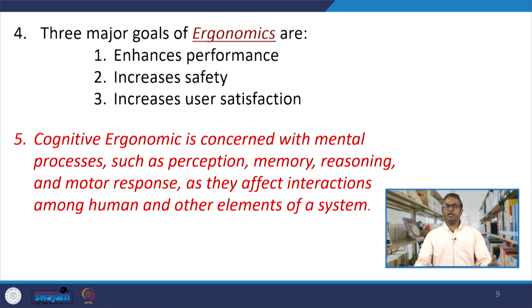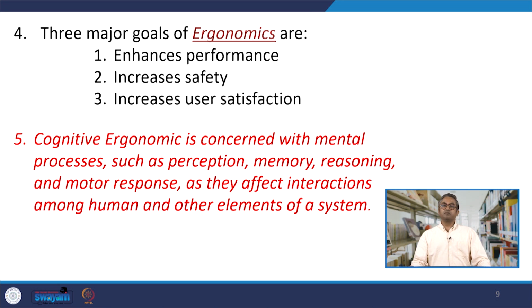So when we combine these two terms together, cognitive and ergonomics, we understand that it's about mental processes such as perception, memory, reasoning, and motor response as they affect the interaction among the human and other elements of a system. When we talk about a system here, we mean the machines. But it can also be seen as an environmental system, a social system.